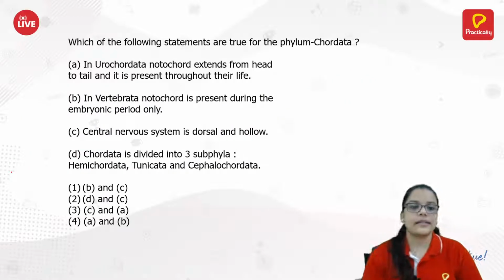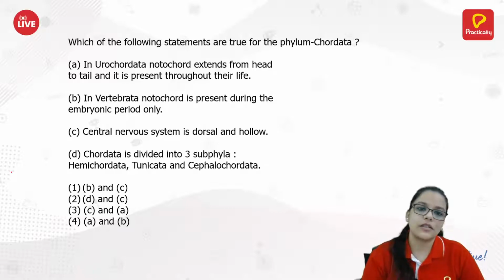Okay, next. Which of the following statements are true for phylum Chordata? Okay. In Urochordata, notochord extends from head to tail and it is present throughout their life. No, it is only in the embryonic stage. This is wrong.